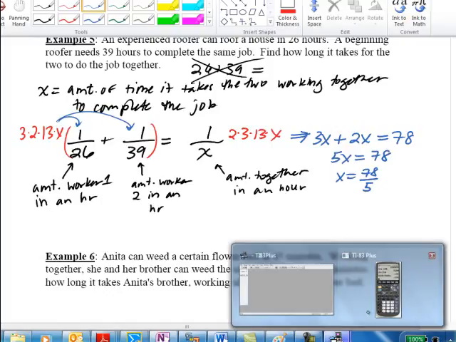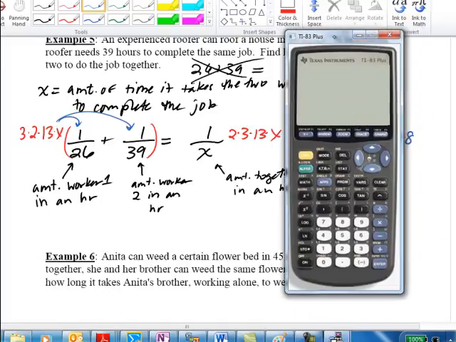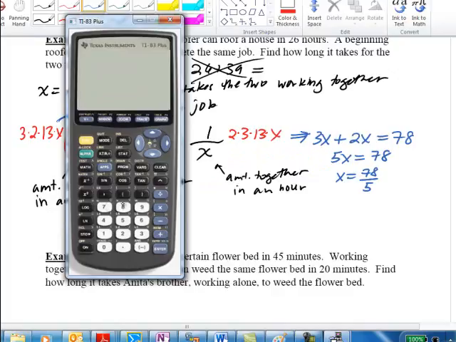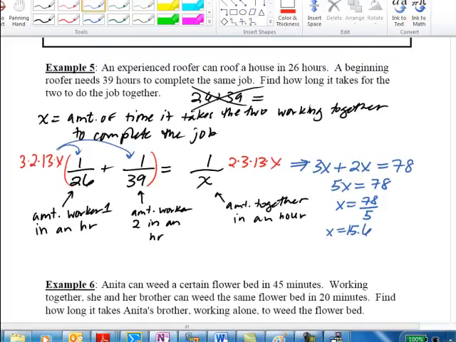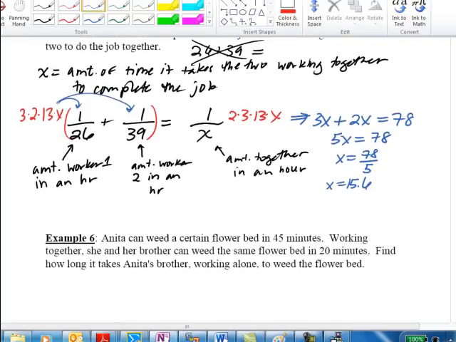And if we divide that and get a decimal, 15.6. That makes sense because it should be less than each individual time. It's less than 26, it's less than 39. So working together, it takes them 15.6 hours.